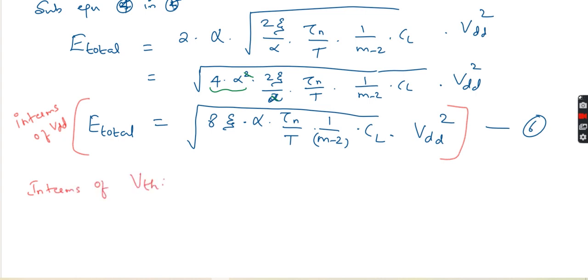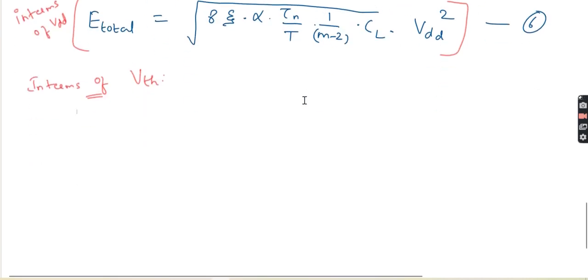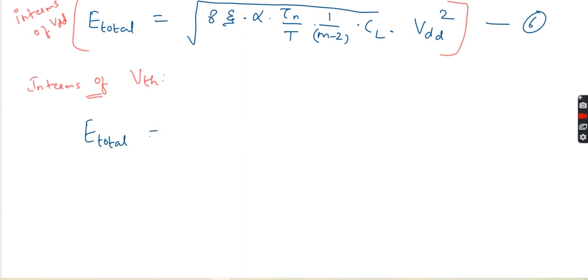VTH. So already we got E in terms of VTH, and you have to write it similarly. So E total is equal to 8 psi alpha into tau n by t. This will not change anywhere, right?